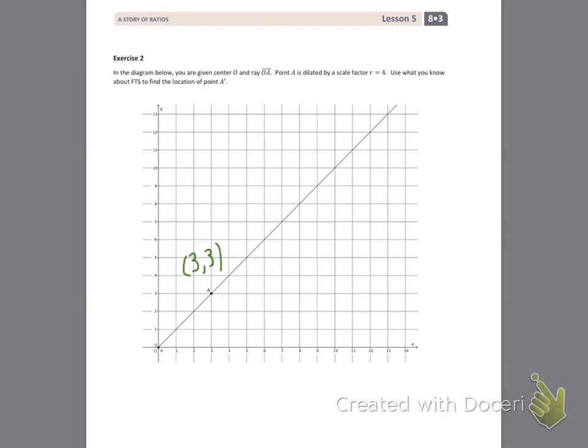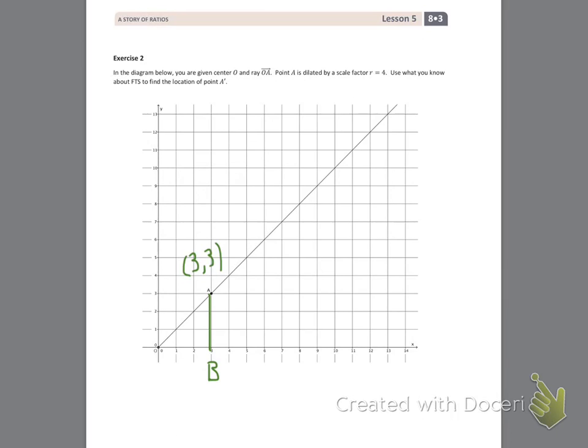Use what you know about the fundamental theorem of similarity to find the location of A prime. So again, instead of using a compass or a ruler to do this dilation, we want to use the fundamental theorem of similarity to do that dilation. Okay, so do it just like the example. Pause and come back, and we'll do it together.